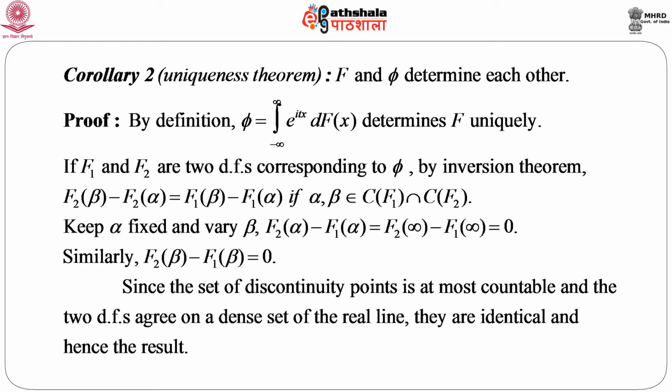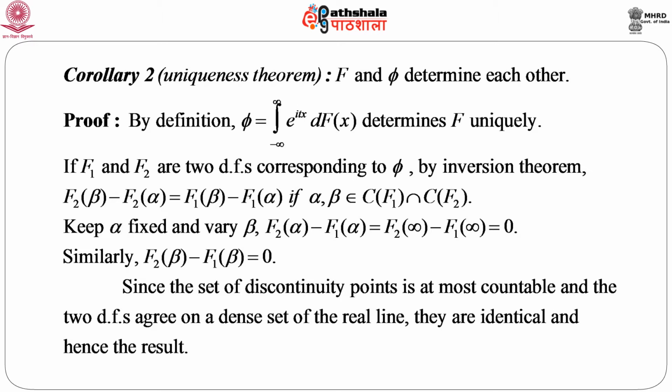Now, suppose f 1 and f 2 are two distribution functions corresponding to phi, then we know by the inversion theorem we can always write f 2 beta minus f 2 alpha equals f 1 beta minus f 1 alpha, if alpha and beta belong to the intersection of the sets of continuity points for f 1 as well as for f 2.